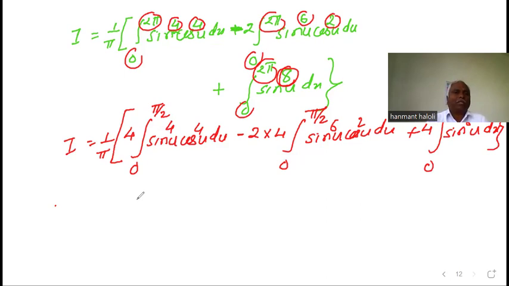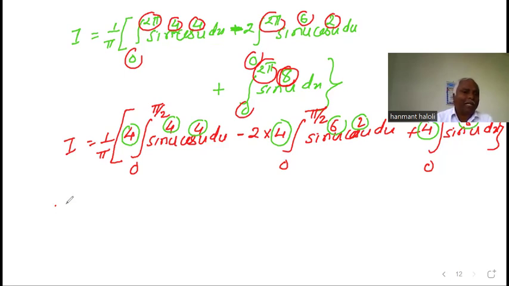This is a very important step for converting them into 0 to pi by 2. Here you can take 4 times due to the even powers of sine and cos. Therefore, you can use reduction formulas.